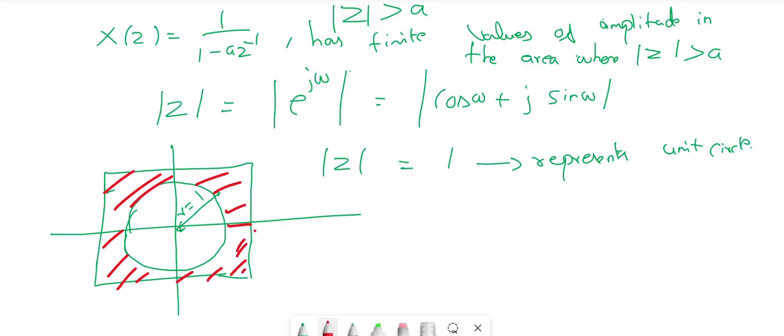This is the only ROC, and the ROC is stable and causal, the unit circle.